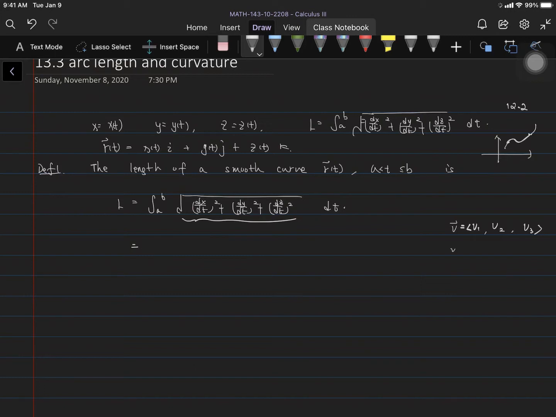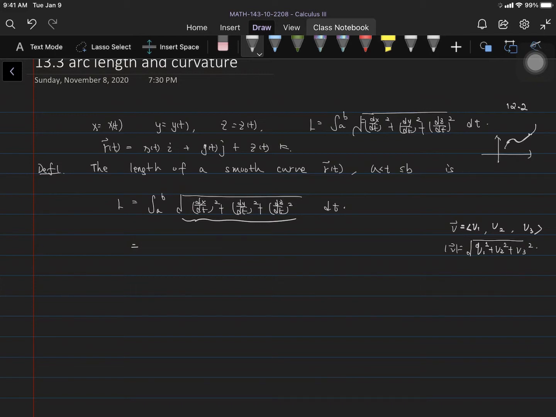The length equals the root of v1 squared plus v2 squared plus v3 squared, right? Now let's take a look at what is in our integral. Actually, that's the length of our derivative vector.